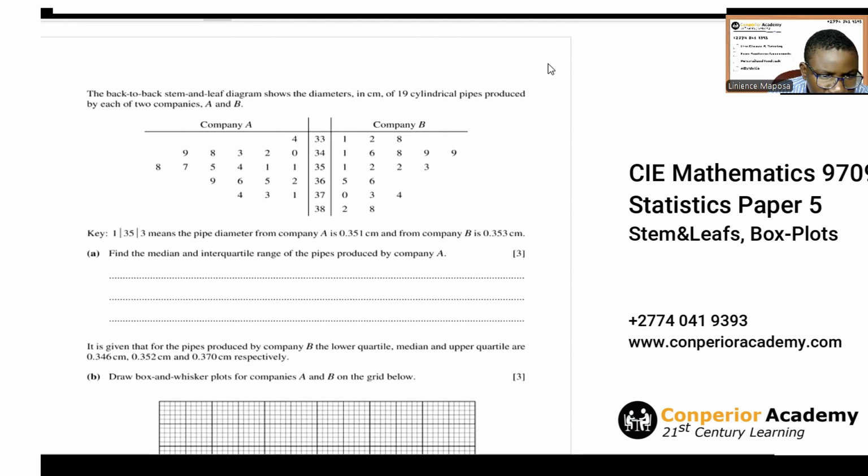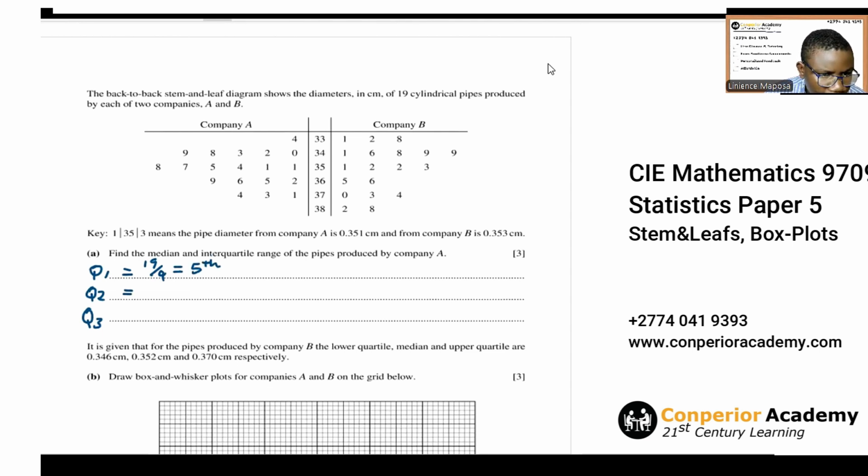So they say find the median and interquartile range of the pipe. So every time I see this question, I see I need median, I need interquartile range. So that means I need Q1, I need Q2, I need Q3. Then I know Q1 is a quarter of 19. So we just divide 19 divided by 4. That gives us 4.75. So we take the 5th value.